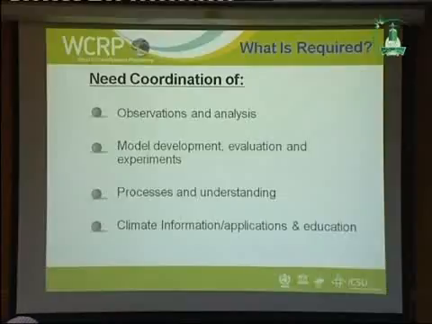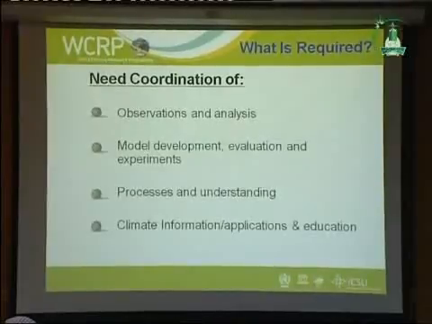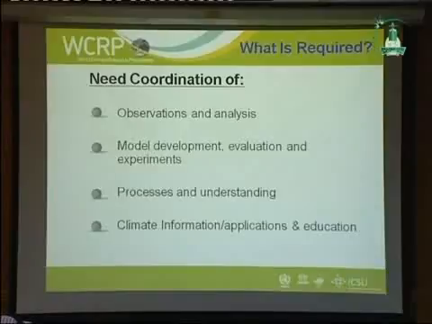And at the base of all this, unless we understand the phenomena that contribute to these changes, we won't be able to improve the models, and we won't be able to provide reliable information or knowledge for decision makers. As I stated, the ultimate limiting factor is really the human brain, and having the experts to take full advantage of all these capabilities is why the universities are absolutely key players and essential in this whole process.